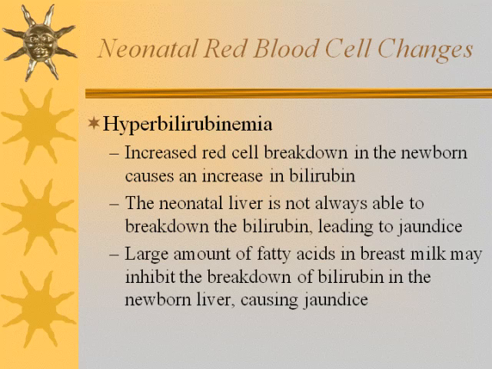If you give them a bottle of formula, it'll probably correct itself. Not that I'm promoting that you give babies a bottle instead of breastfeed. That's not what I'm saying. But you see hyperbilirubinemia or jaundice more in babies who are breastfed than in those that are bottle fed. It's just because their liver can't keep up with the way the body is breaking down red blood cells in the very, very beginning. It will correct itself.